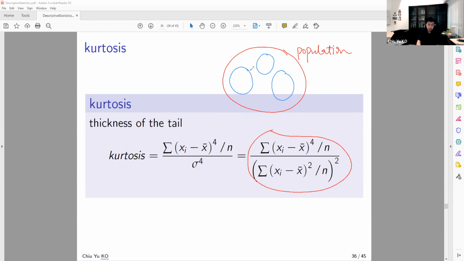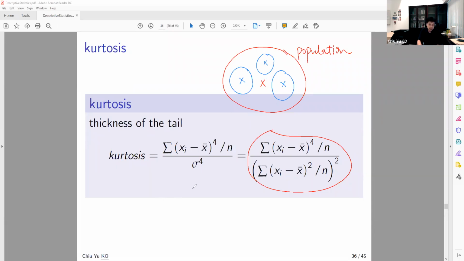Using every sample, you come up with one kurtosis, one kurtosis, one kurtosis. And unbiasedness means that if you calculate the average of these, it is the same as the overall population one.